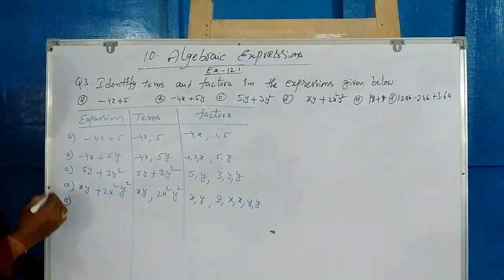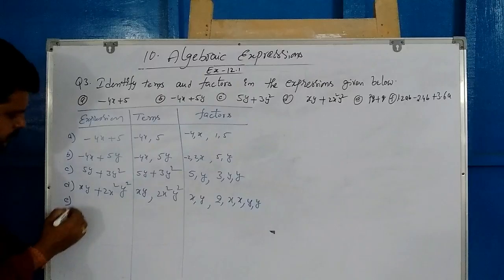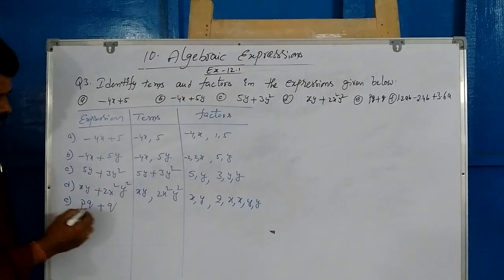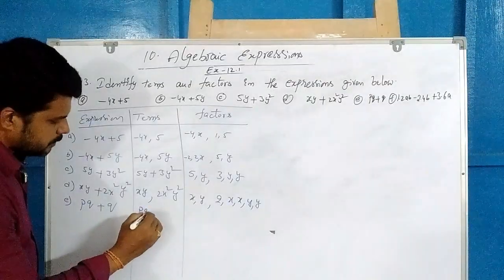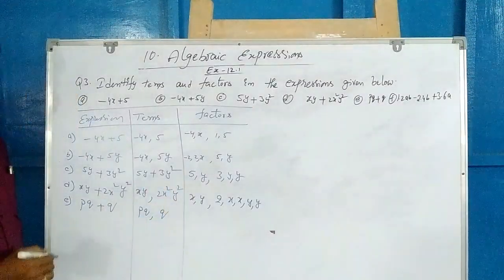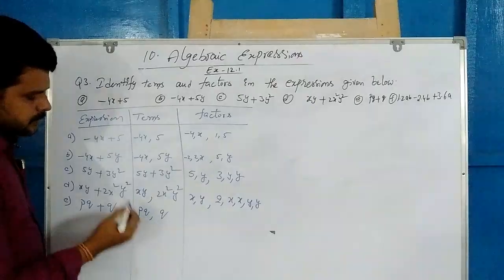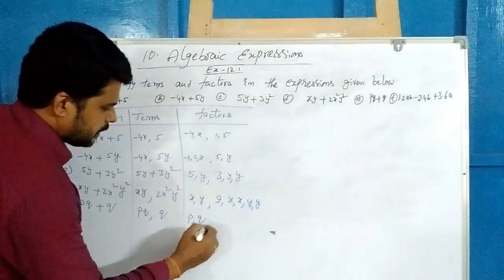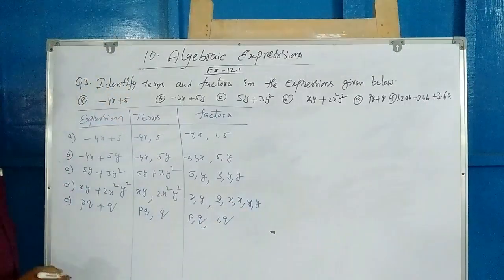So last, pq plus q. How many terms do we have? Here also the same, 2 terms. pq comma q. What are the factors of pq? p comma q. q factors 1 and q.